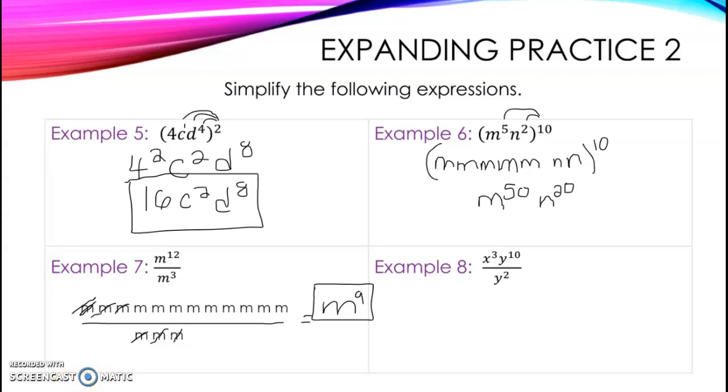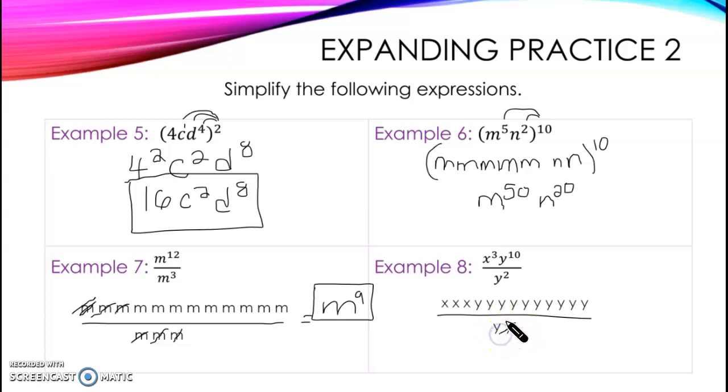Let's expand it. First, I have 3 x's and then 10 y's multiplied together on the numerator, all over 2 y's on the denominator. So what's going to happen here? Well, I have 3 x's on the top, but there's nothing on the bottom that they can cancel with, but these 2 y's on the bottom can end up canceling.